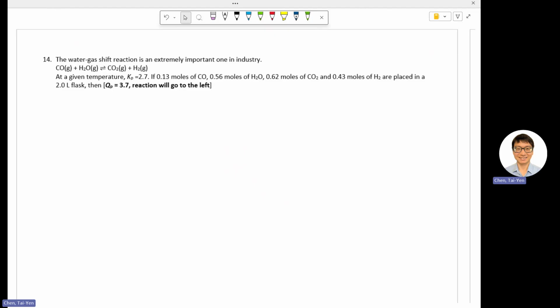At a given temperature, the Kp, the equilibrium constant, equals 2.7. If 0.13 mole of CO, 0.56 mole of H2, 0.62 moles of CO2, and 0.43 mole of H2 are placed in a 2-liter flask, then predict how the reaction is going to move.